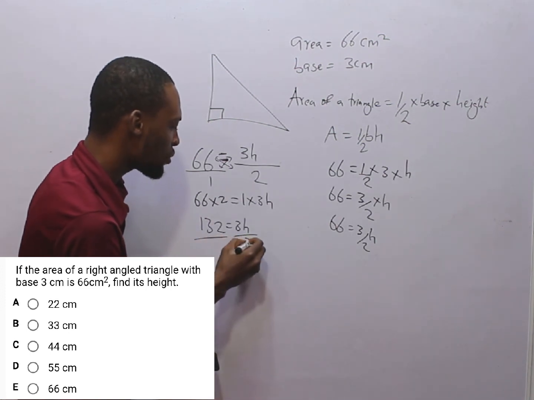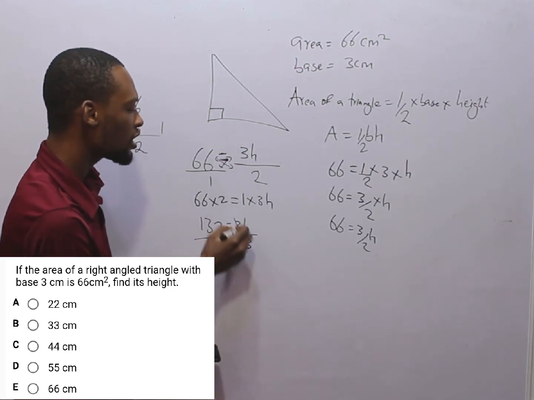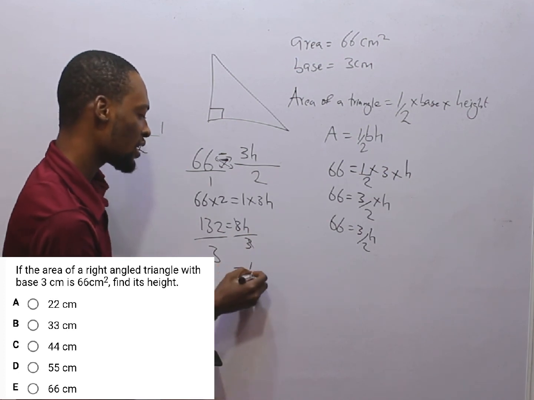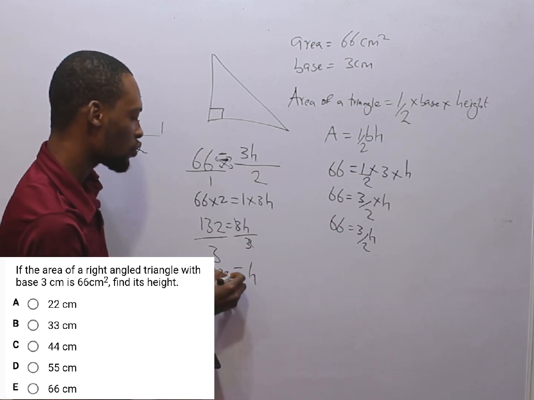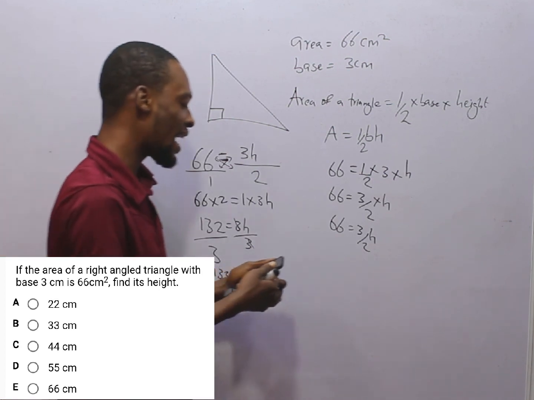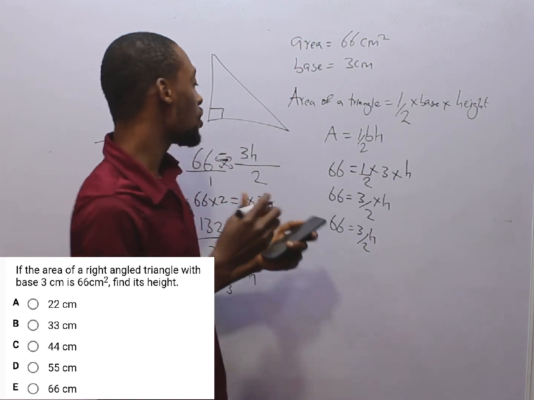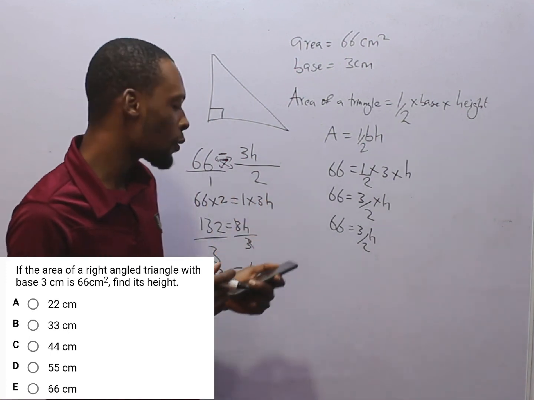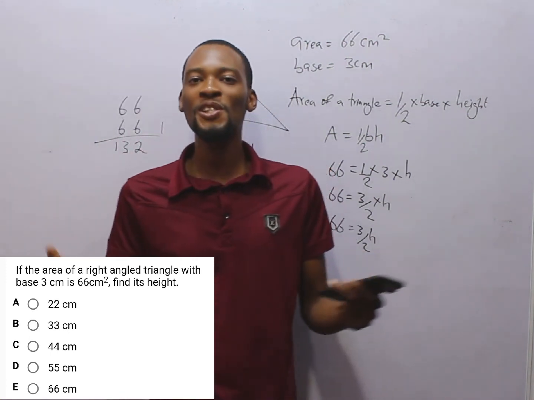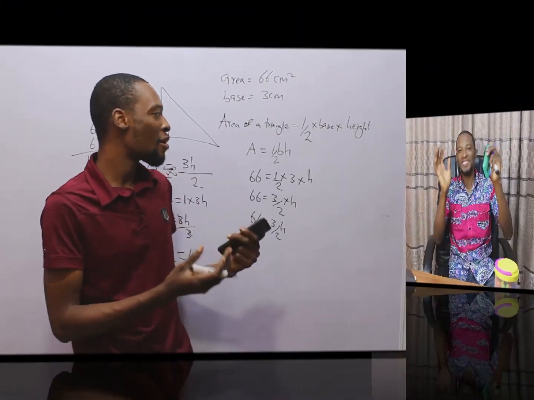To get h, we divide both sides by 3. 3 divided by 3 is 1. We are left with 1h and 132 over 3. So the height there is 132 divided by 3, which is equivalent to 44 centimeters. So option C is the correct option.